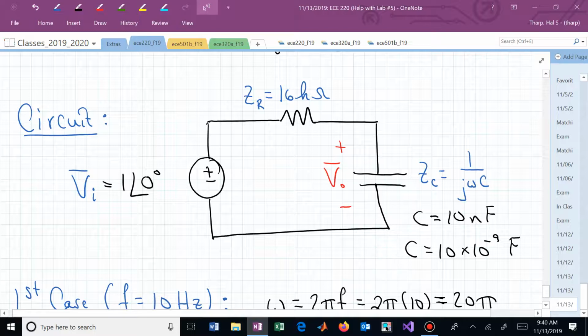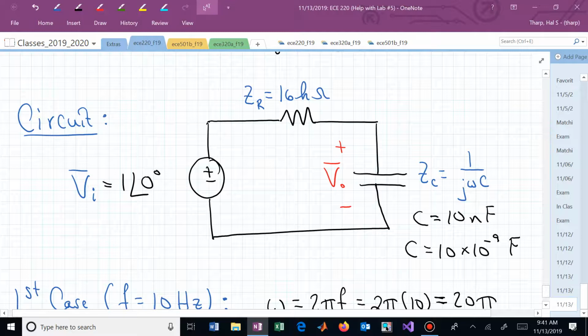It presents some complex impedance, but if that was just a resistor, do you see how you would find V sub 0? Go back to chapter 3, when we were doing just resistive circuits. We have two resistors in series excited by a constant. What would you say the output across that second resistor was?